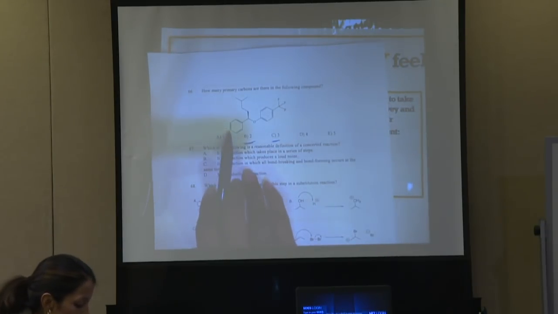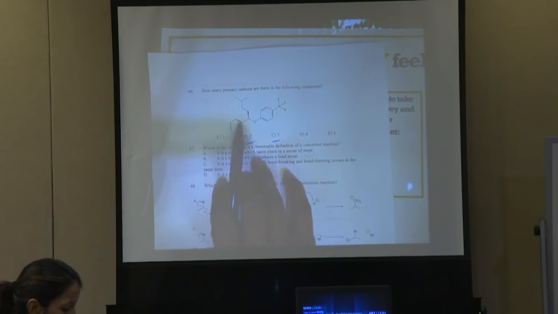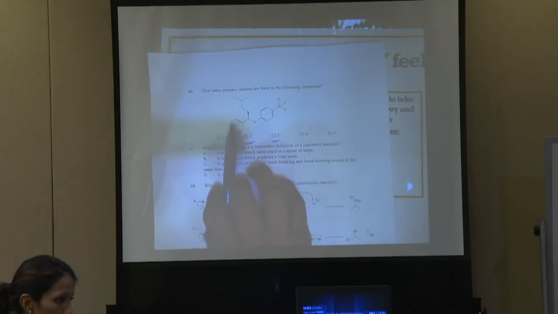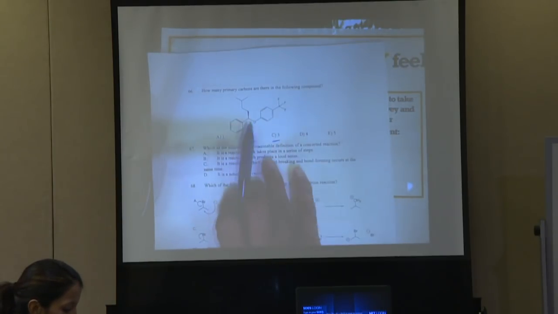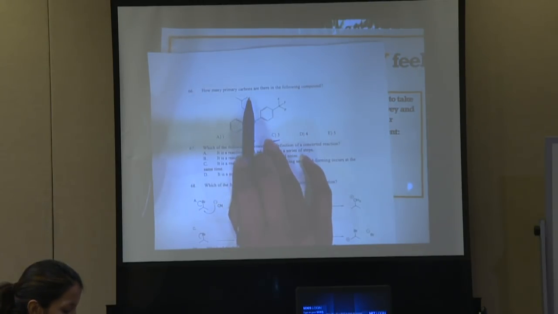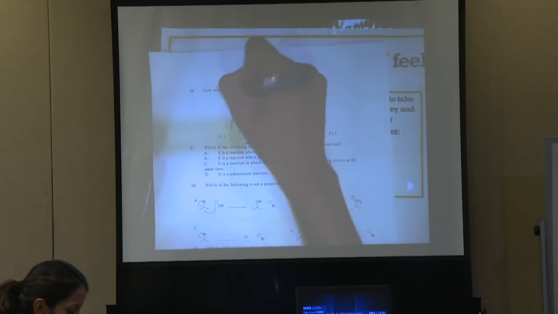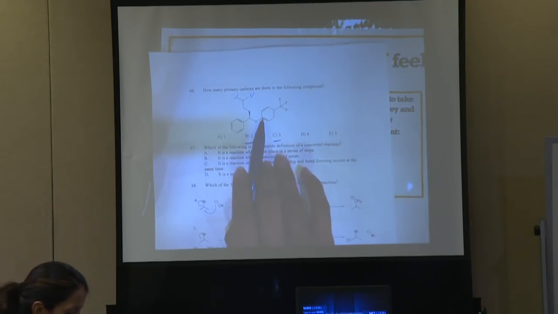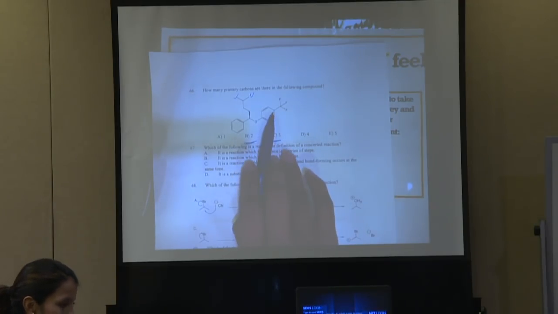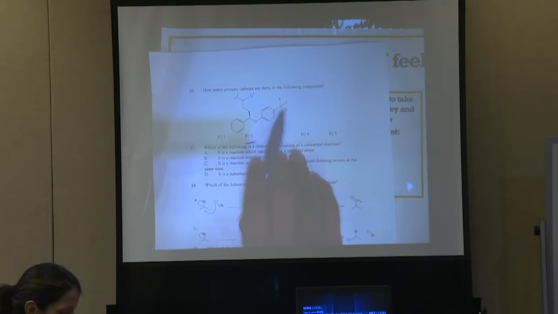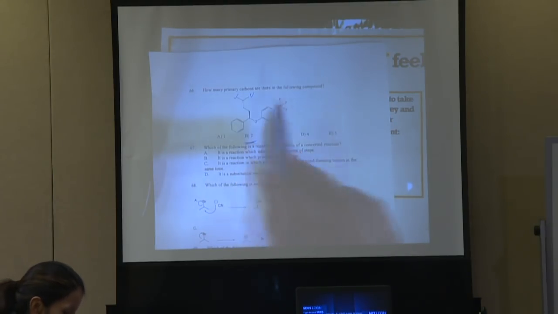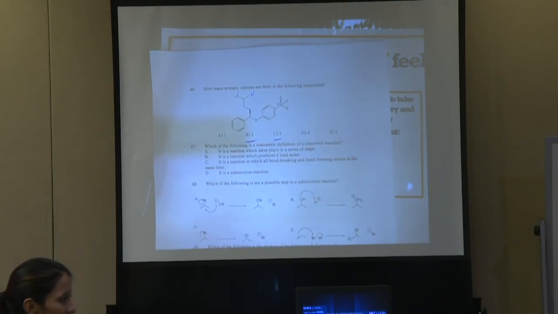So is this a primary carbon? Are any of these in the benzene ring a primary carbon? Is this a primary? This one? This one? All right, so that's two. This one? This one? This one? This one? Yeah? Okay. So what is it, guys?